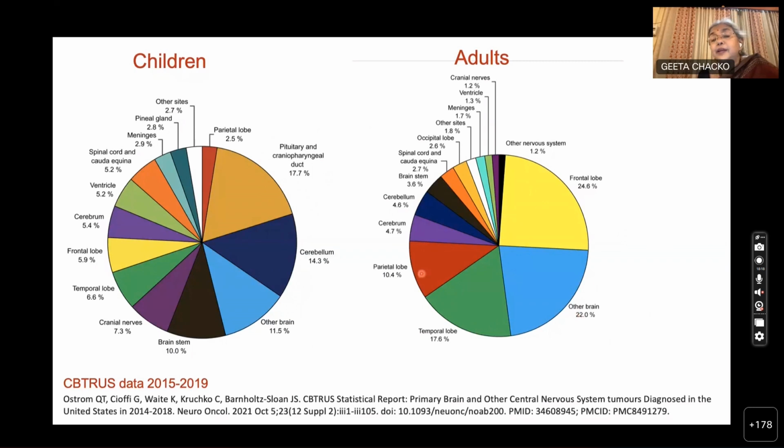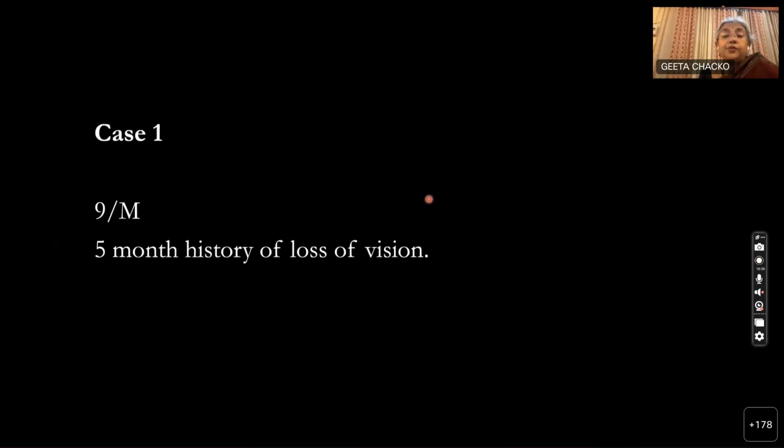In contrast, in adults, it's more in the lobar regions that you have tumors. In fact, the brainstem only has 3.6% of tumors, cerebellum only 4.6%. So, just to emphasize the importance of knowing site and age of the patient.